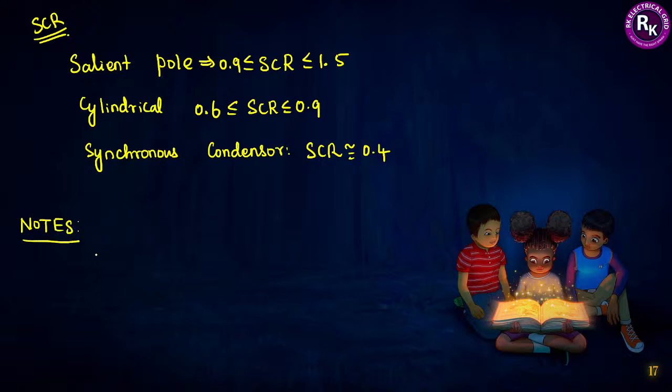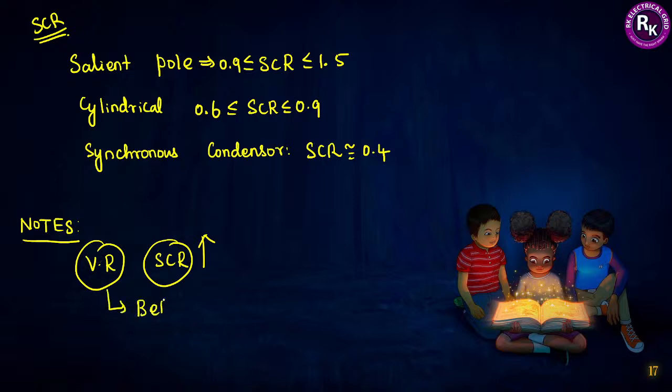The question is, what is the relation between voltage regulation and short circuit ratio? Sir, just now we saw that if the short circuit ratio is more, then we have better voltage regulation. What is the meaning of better voltage regulation? Voltage regulation is basically the amount of voltage dropped in our alternator between induced voltage and terminal voltage.